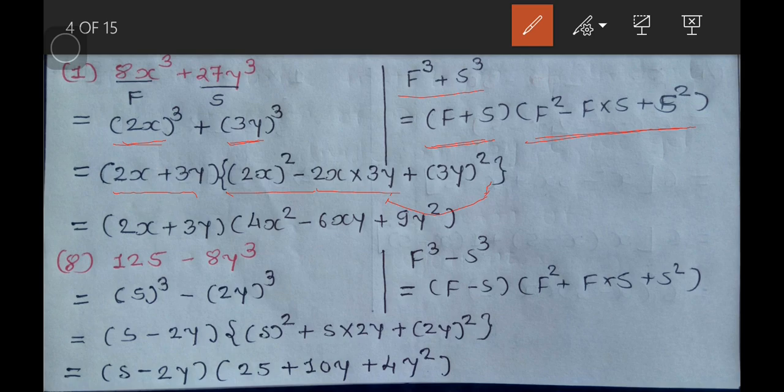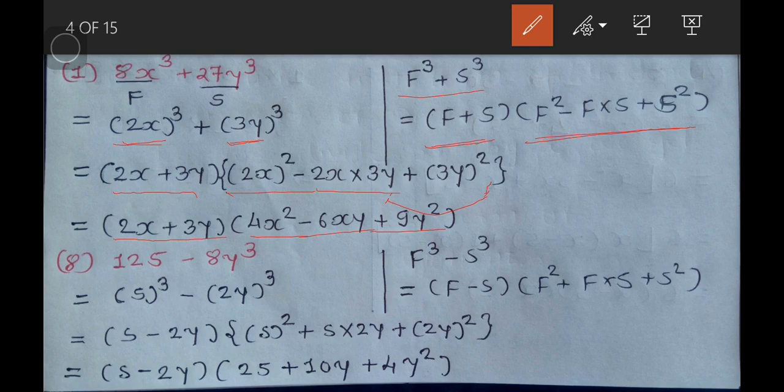So now we evaluate it, then we get 2x plus 3y, and in another bracket (2x) square is equal to 4x square, minus 2x multiplied by 3y, that is 6xy, and plus (3y) square, it is 9y square. So in this way we can factorize a cubic polynomial.